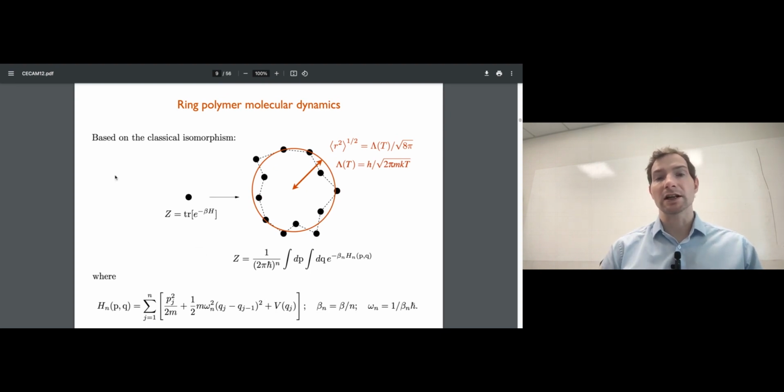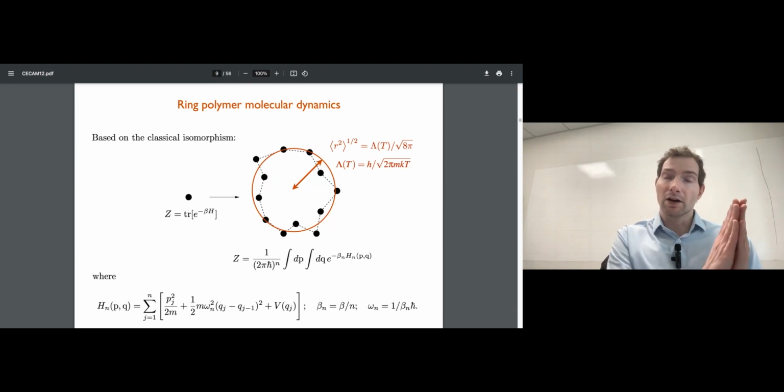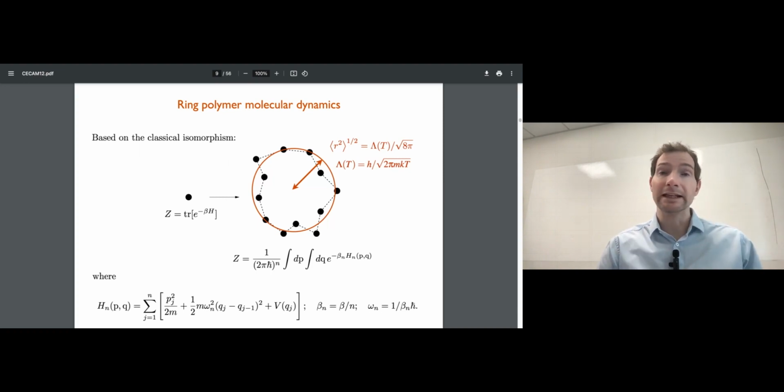What this is actually using is what they call here the classical isomorphism. What is this isomorphism about? It has to do with describing what is represented by this equation here, and this equation essentially corresponds to quantum statistical mechanics. So, if you will, you can view that as thermodynamics. It's a bit like that of a point particle in quantum mechanics.